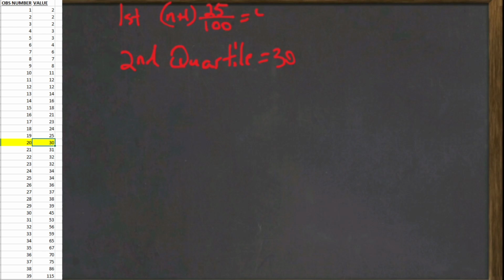So we get 40 times 1/4, which is the 10th observation. That gives us the first quartile. So L25 is equal to that, and the first quartile is 11.